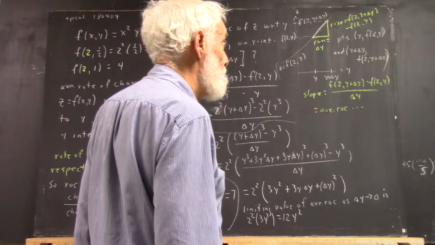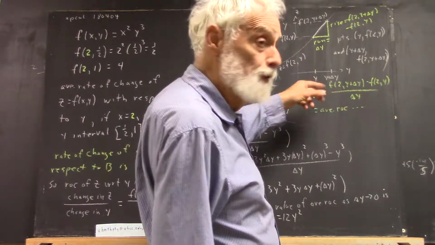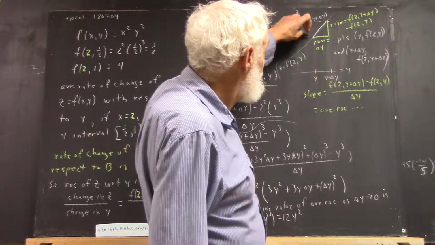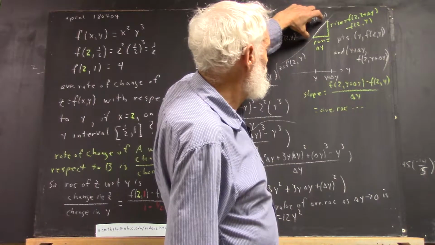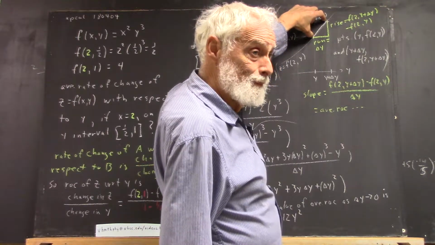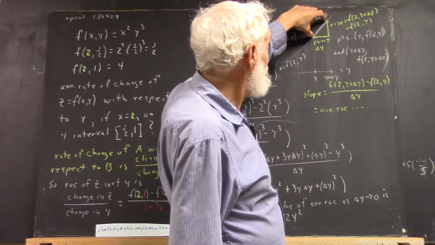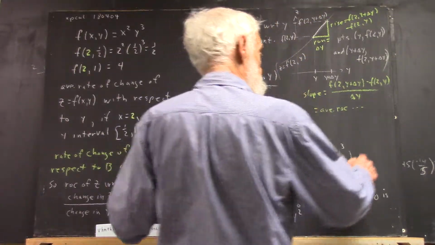Okay. Now, as we let delta y approach 0, what happens to this line segment in comparison with this curve? So let me draw a little more graph of the curve.